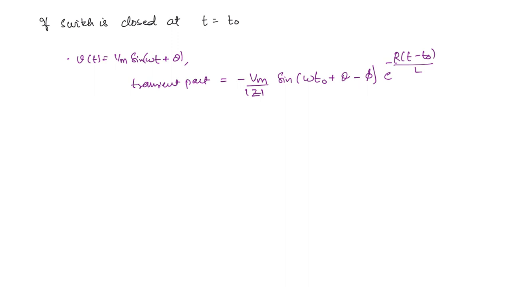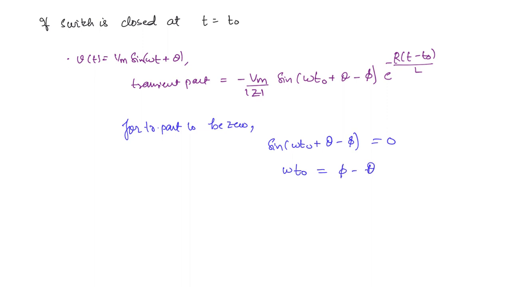For the transient part to be 0, what will be the condition? Sine of omega t naught plus theta minus phi is equal to 0. That means omega t naught is equal to phi minus theta, so omega t naught is equal to tan inverse omega L by R minus theta.